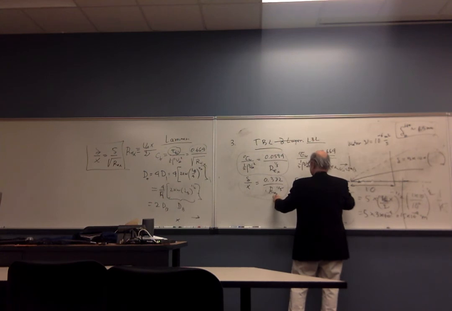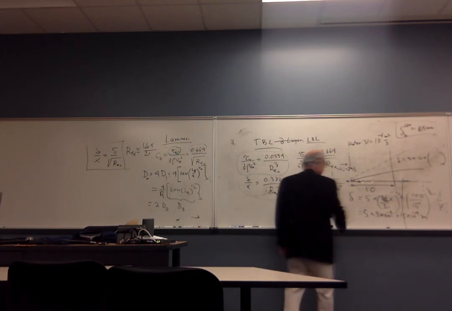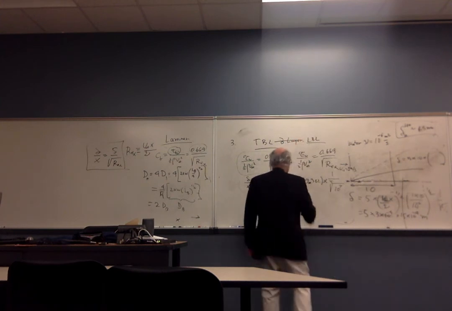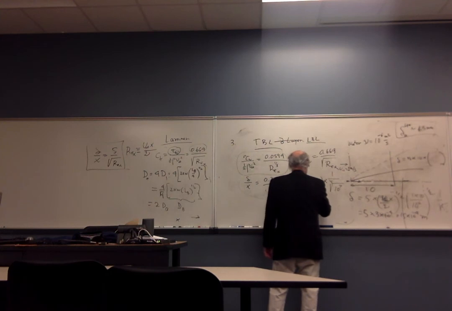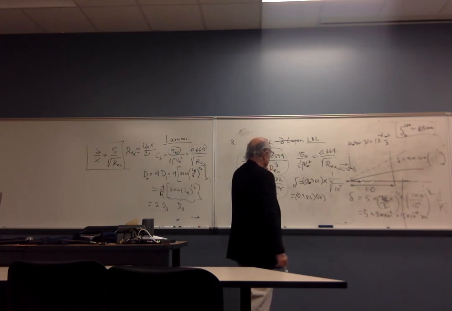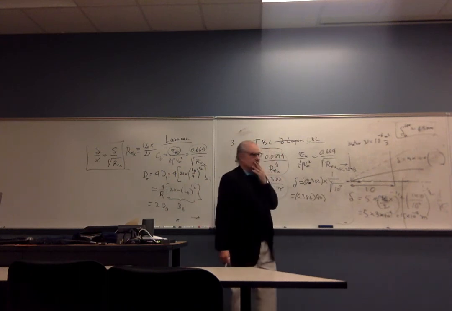Oh, wait a minute, did I include the 5? Yeah, I got the 5. So that would be 1 over the 5th root of 10 to the 7th. Let's write that down: 0.382 times 10, because it's 10 meters down. What is the 5th root of 10 to the 7th? I could guess, probably around 0.01 or something.